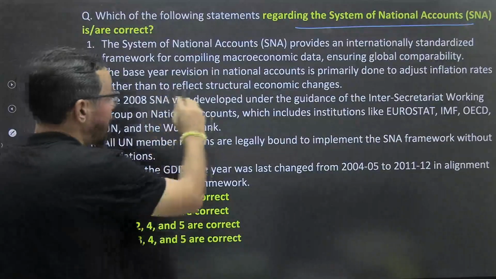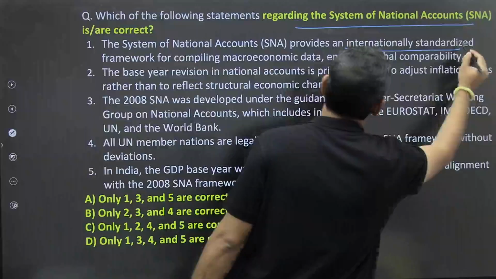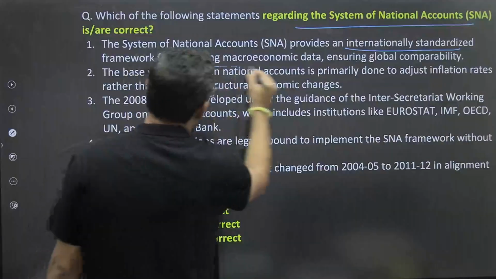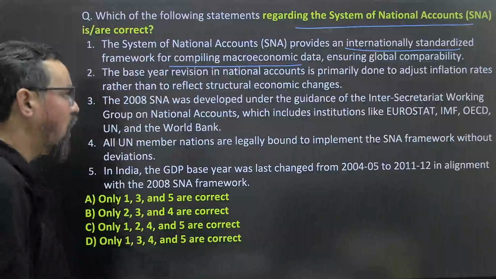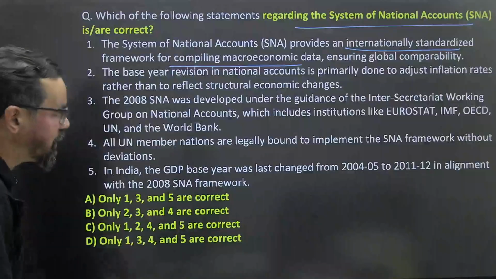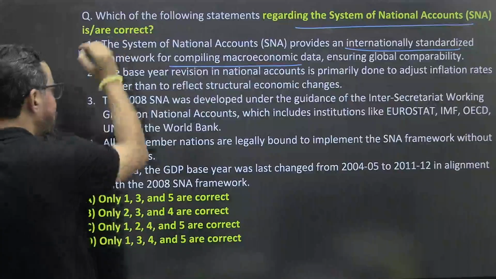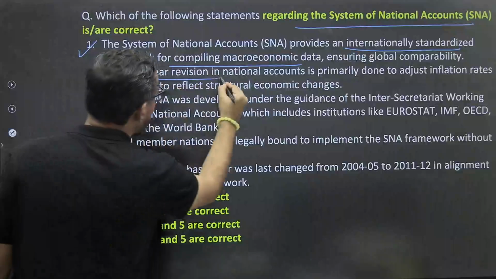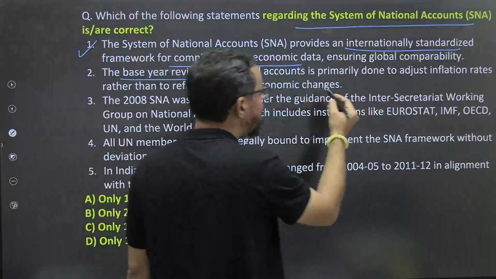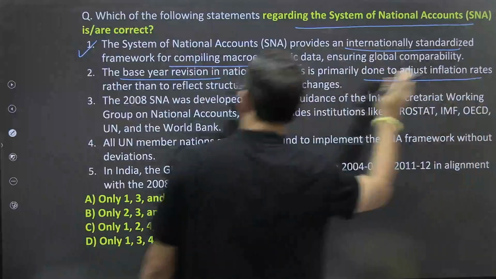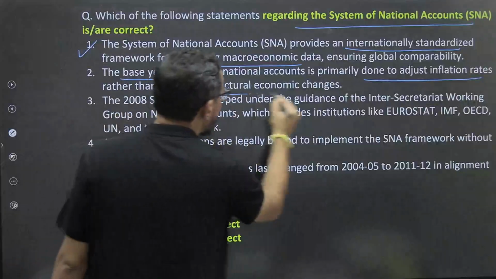SNA provides an internationally standardized framework for compiling macroeconomic data, ensuring global compatibility. 100% true. The base year revision in national accounts is primarily done to adjust inflation rate rather than reflect structural changes.